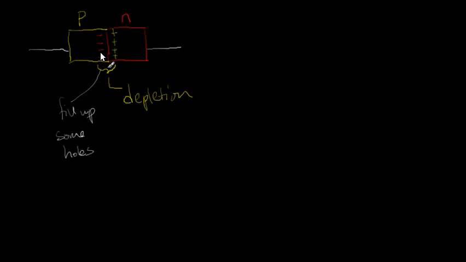In other words, the holes or the electrons that can carry electric current easily are depleted, right? They are not present anymore. They've cancelled each other out. So there is this depletion region here.